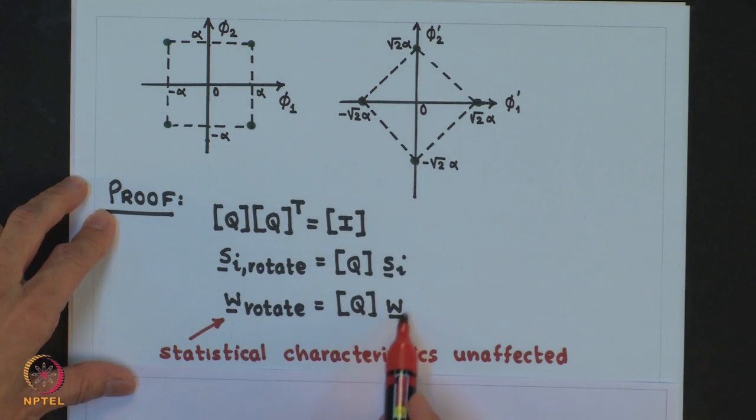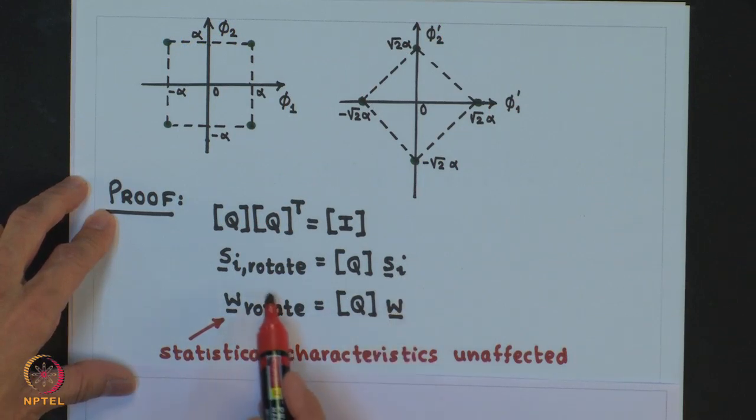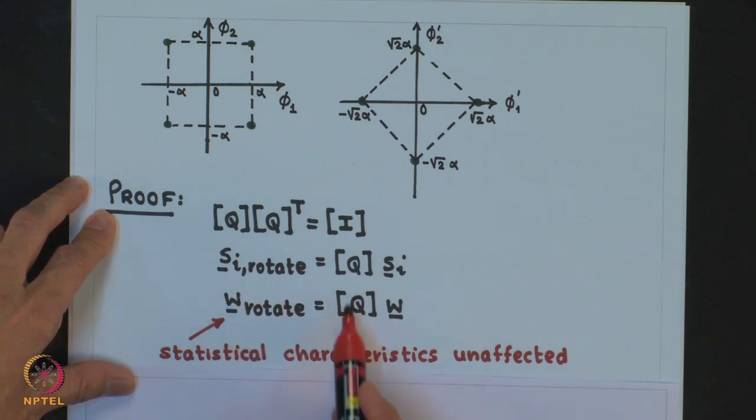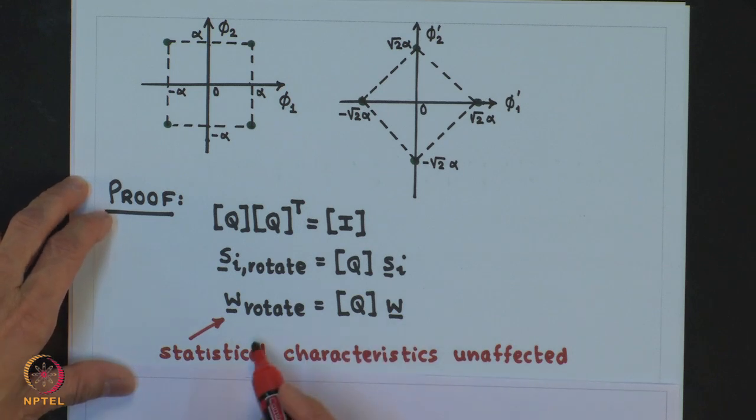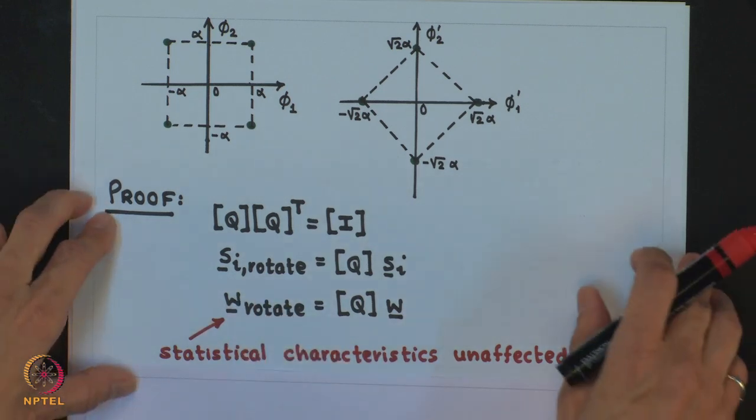The first thing is, if we assume that this noise vector was Gaussian, then it is not very difficult for us to see that this will still remain Gaussian, because this Q matrix is nothing but the linear combination of the Gaussian random variables, and we know that linear combination of the Gaussian random variable will also give us a Gaussian random variable. So, this still remains Gaussian.